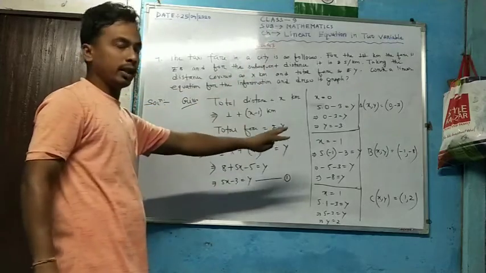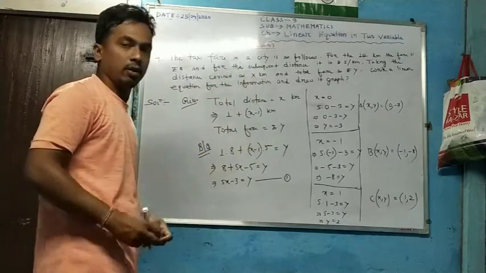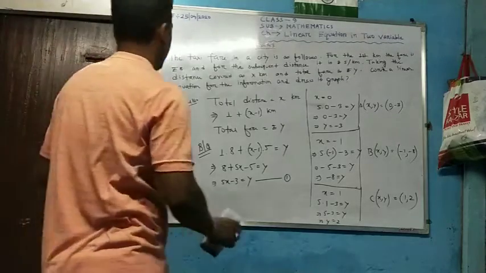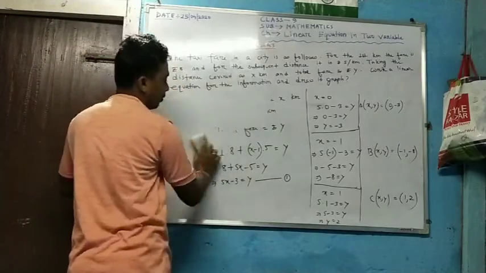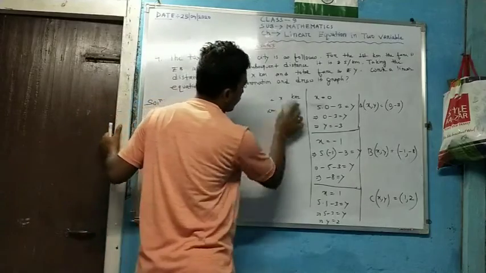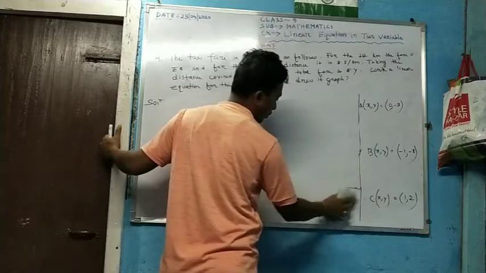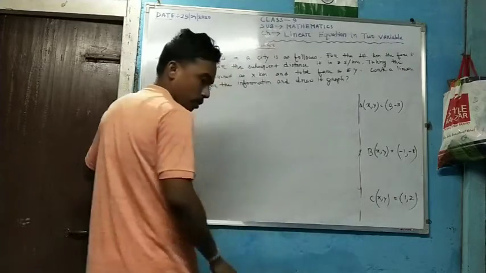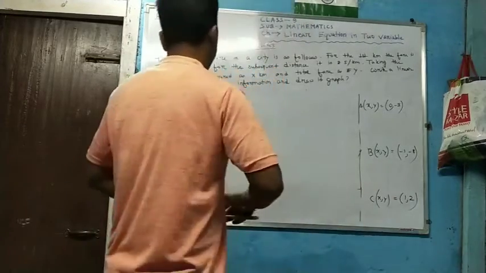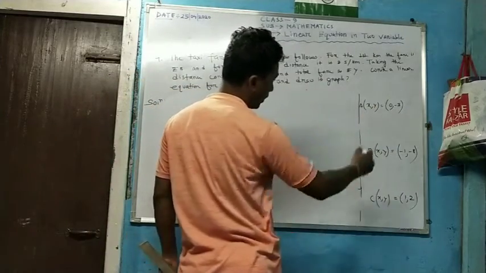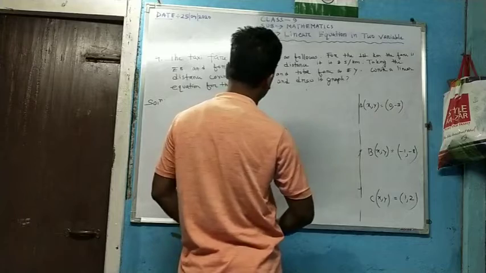I am going to rub this and I will draw the graph in this section. Okay, just pause the video. Now what I am going to do, the maximum value of x is 1 and the maximum value of y is minus 8.